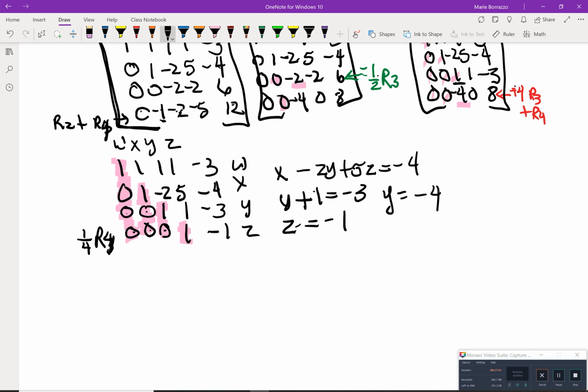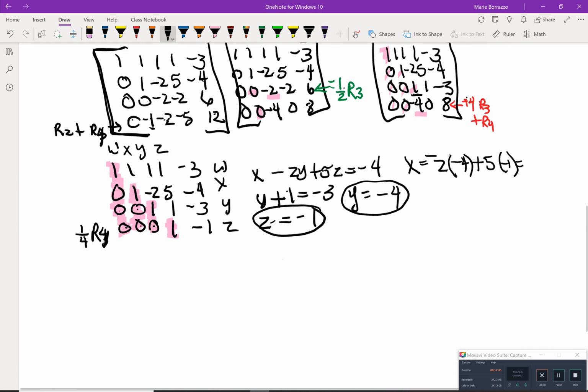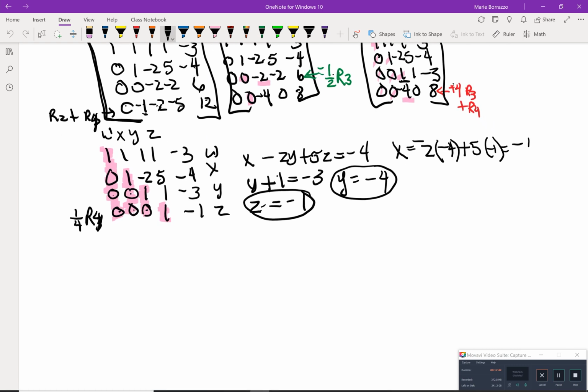And if I substitute what I do have, I can solve. Because I know that in this case, Y is negative 4, and I know that Z is negative 1. So solving for this, I have X is equal to negative 2 times negative 4 plus 5 times negative 1 is equal to negative 4.